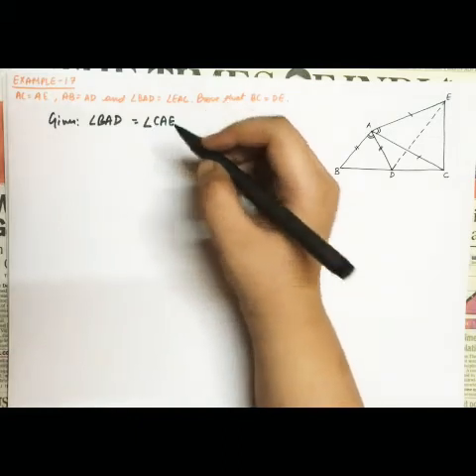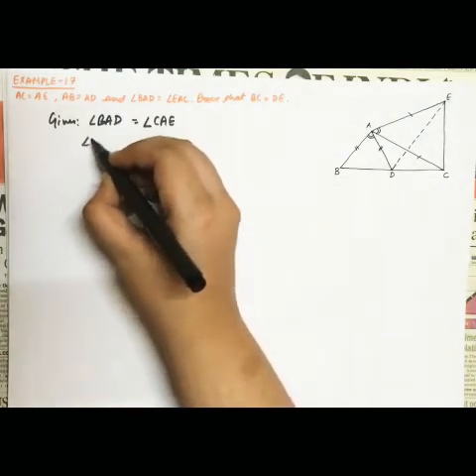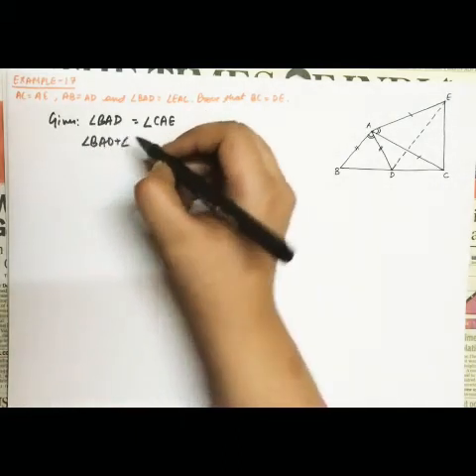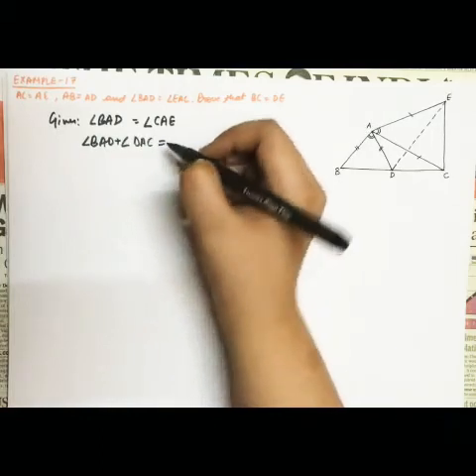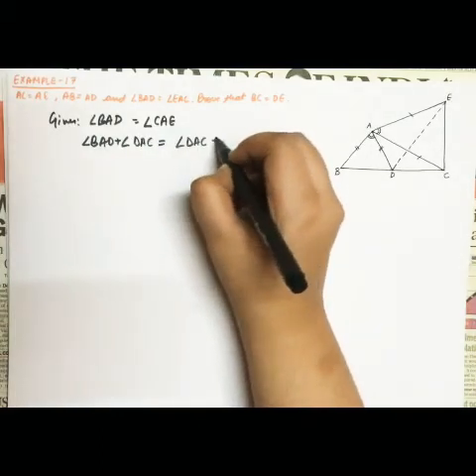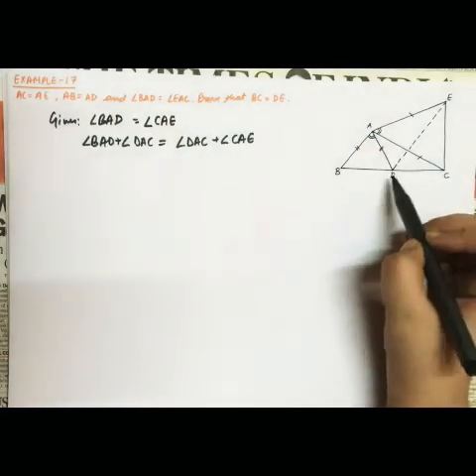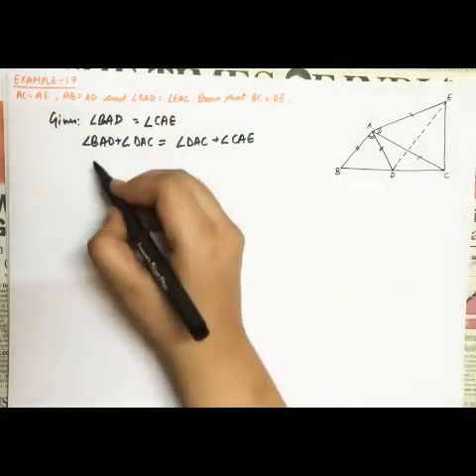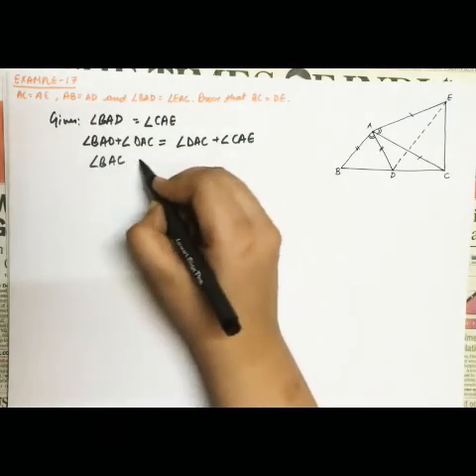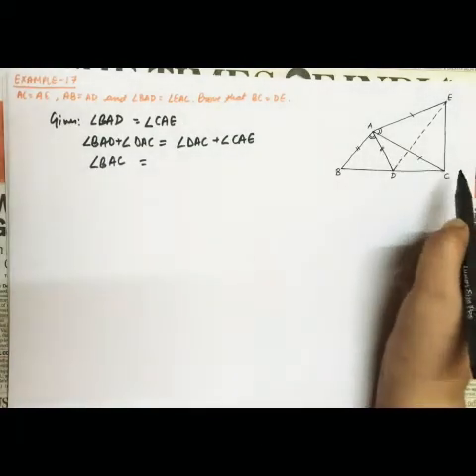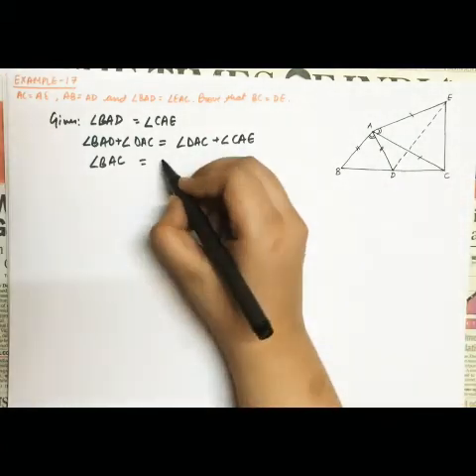Now we will add DAC on both sides, which means angle BAD plus angle DAC is equal to angle DAC plus angle CAE. So angle BAD plus angle DAC will become angle BAC. Similarly, angle DAC plus angle CAE will become angle DAE.